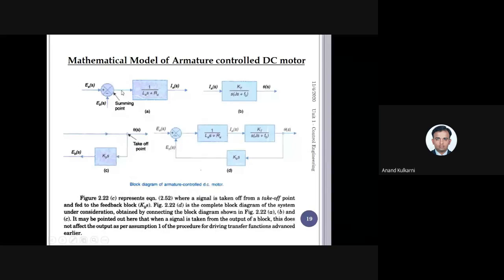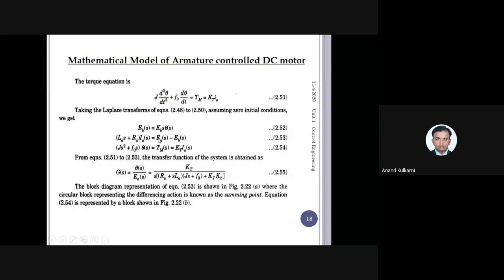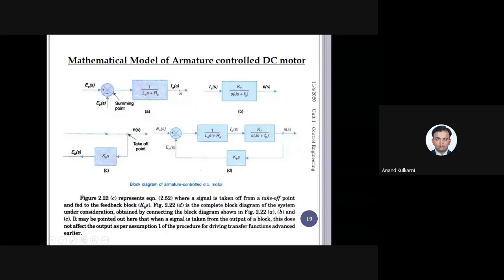Ea minus Eb, when it gets divided by LAS plus Ra, this whole thing gets divided by LAS plus Ra, you will get Ia. This is one equation.